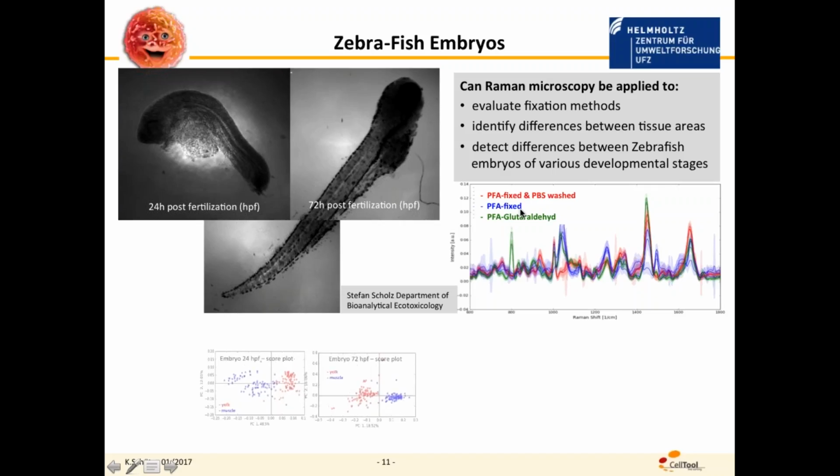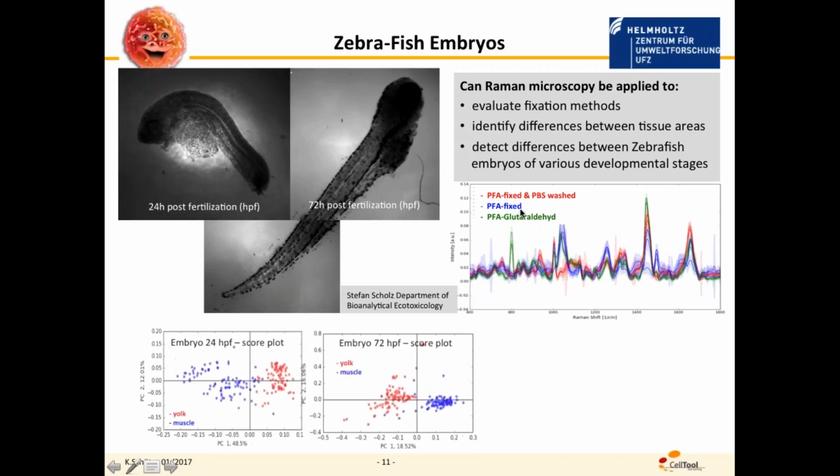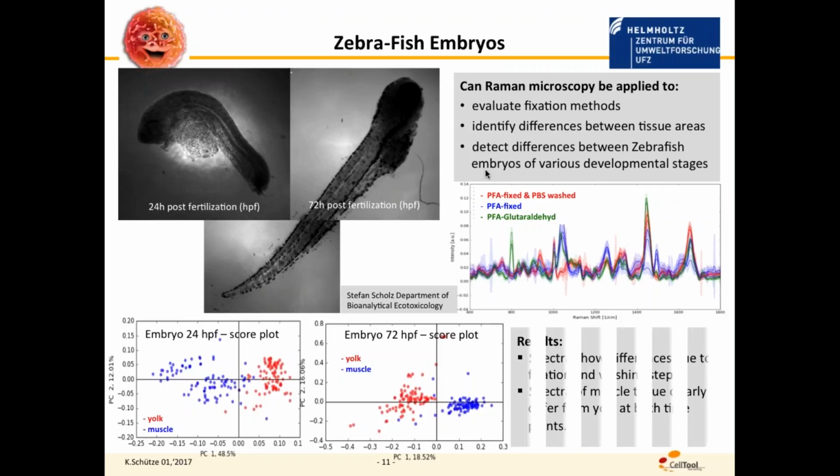And what we also did, we looked into the 24 hours and 72 hours embryos, which means these are 2 time points. HPF means hours post-fertilization, and we wanted to see whether there are differences between the yolk area and the muscle area. And you see, independent of time, there are different kinds of spectra available.